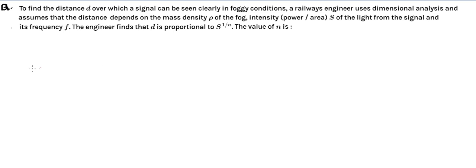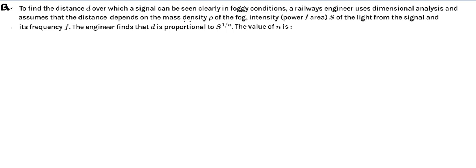It says, to find the distance d over which a signal can be seen clearly in foggy conditions, a railway's engineer uses dimensional analysis and assumes that the distance depends on the mass density.